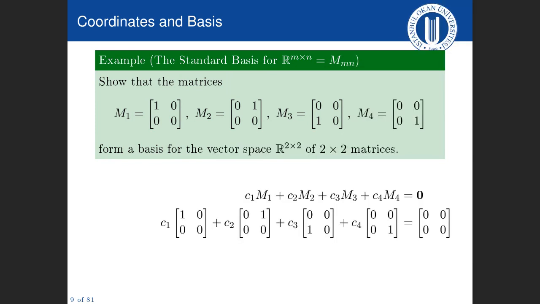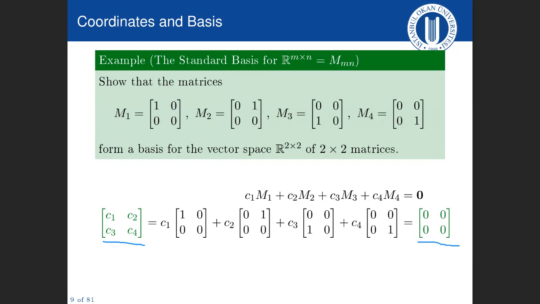So first we need to show that the only solution of C1 M1 plus C2 M2 plus C3 M3 plus C4 M4 equal to the 0 matrix is the trivial solution. But on the left, if we add these together, we just get this green matrix, C1, C2, C3, C4.